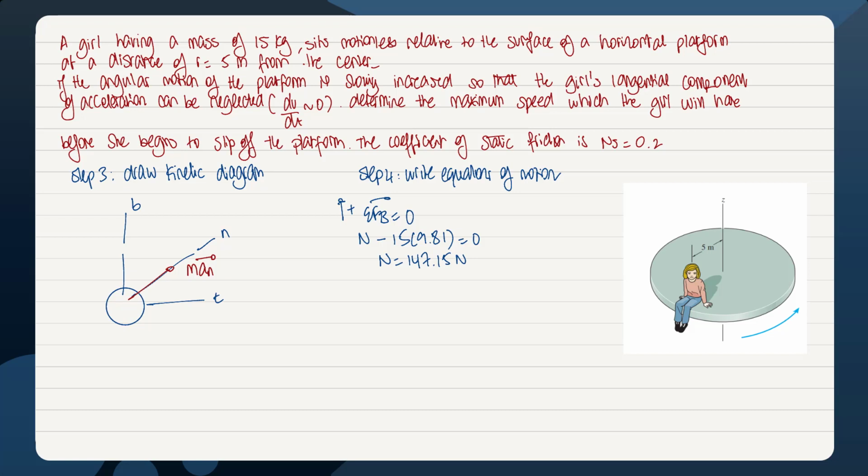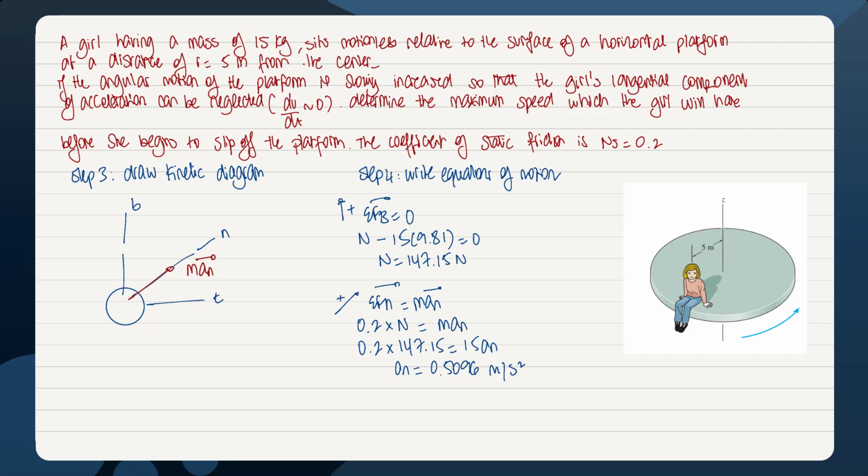Now writing the equation for the normal component: sigma Fn is equal to m an, so 0.2 times N is equal to m an. We know the value of the normal force, which we found from the previous equation. We can replace that in this equation and get the value for an, which is 0.5096 meters per second squared.